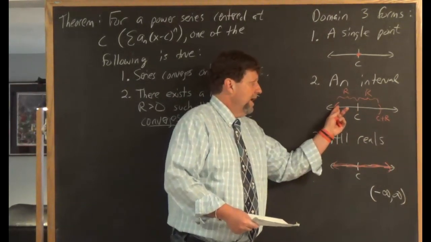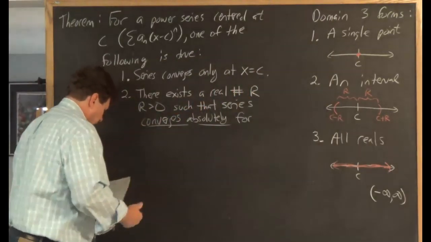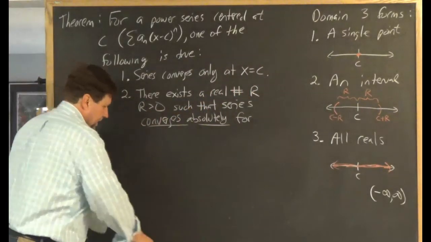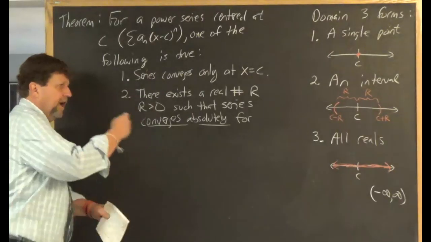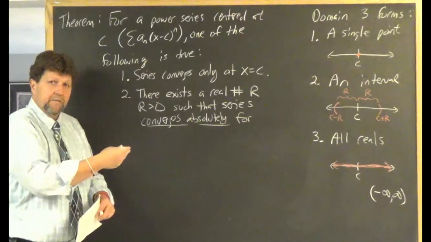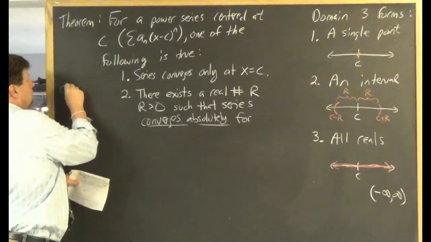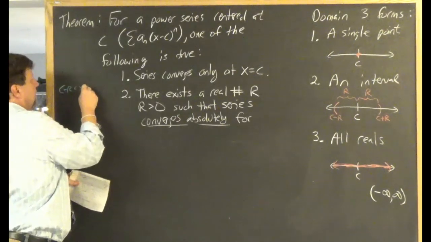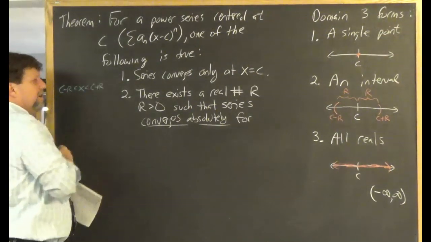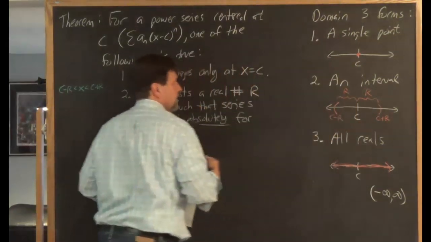Well, for any x inside the interval, so let me try to just kind of squeeze this in right here off to the side. For any x that's in the interval, c minus r to c plus r, I could write it like this. C minus r is less than x is less than c plus r. That's saying x has to be trapped in here.